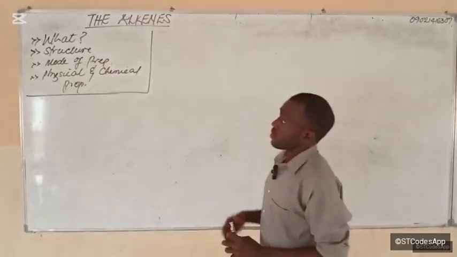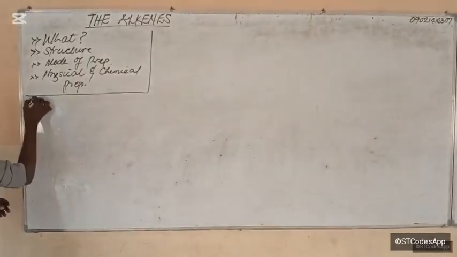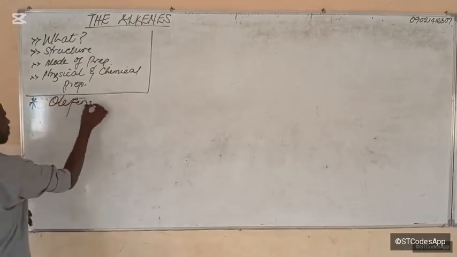All right, now let's talk about what alkenes are. Generally, alkenes are commonly called olefins.